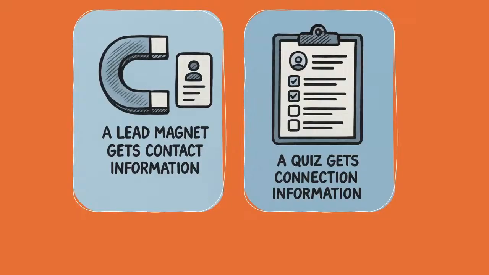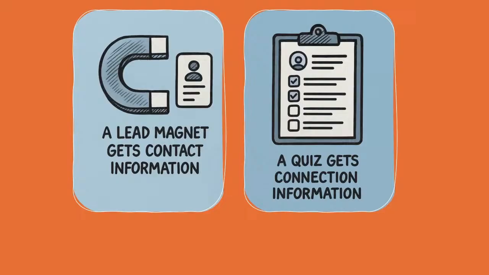But we're going to go through a lead magnet known as a quiz funnel, or an assessment, it's often called, or a scorecard, that gets not just contact information, but connection information. And the difference being that contact information is a name and email, connection information is where you get a strong sense of their current reality, of the obstacles that they face, and indeed their desired reality.